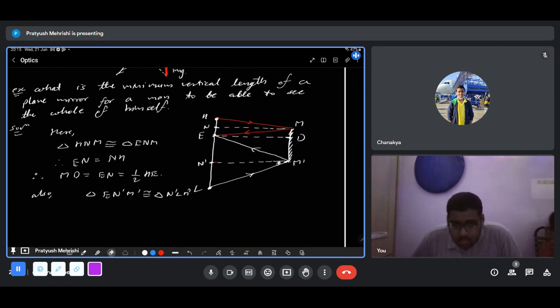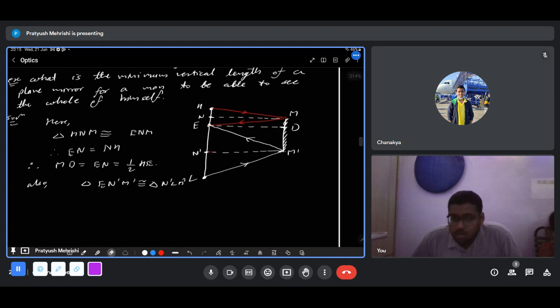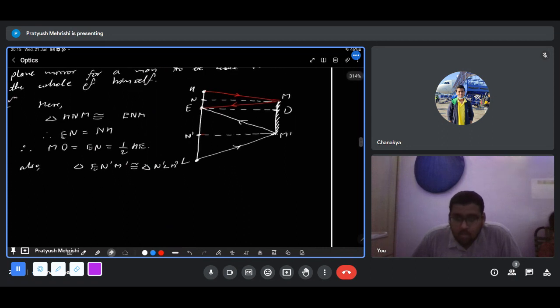Both of these triangles, EN'M' and LN'M', are congruent. It means M'D is equal to EN', which is equal to EL by 2, or 1 by 2 EL.